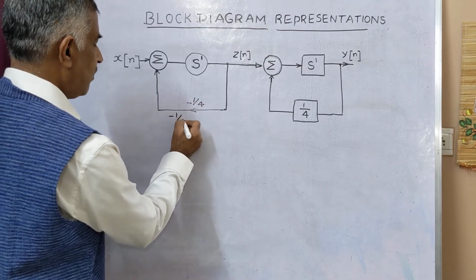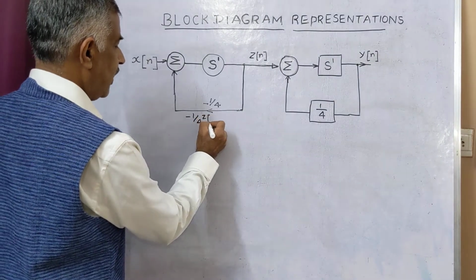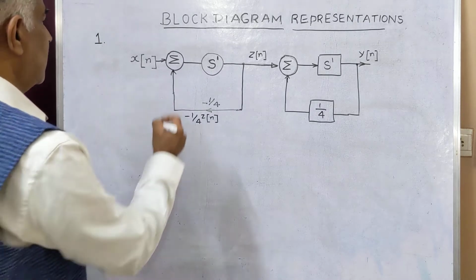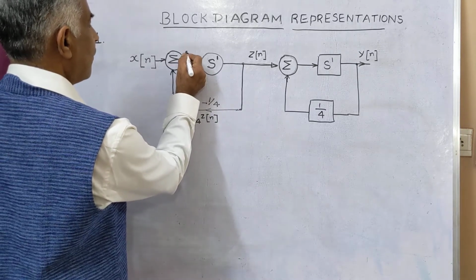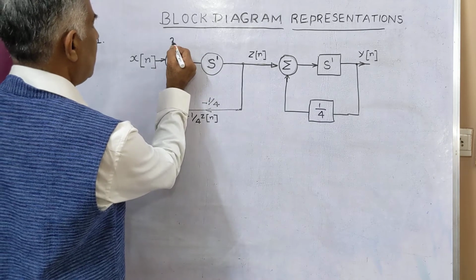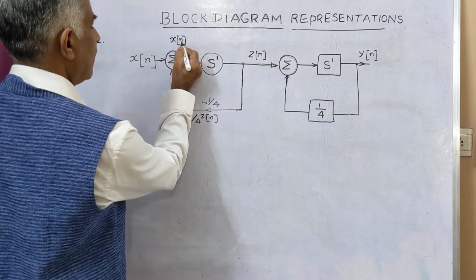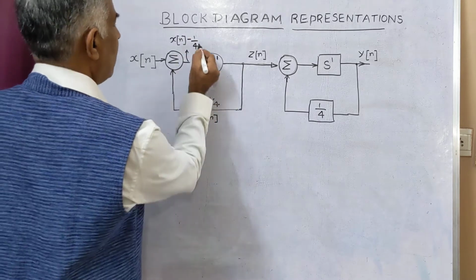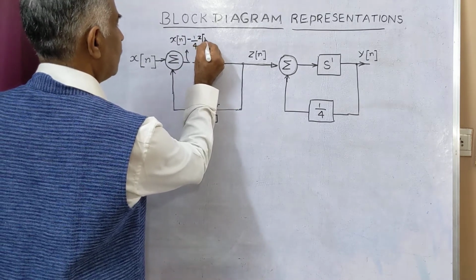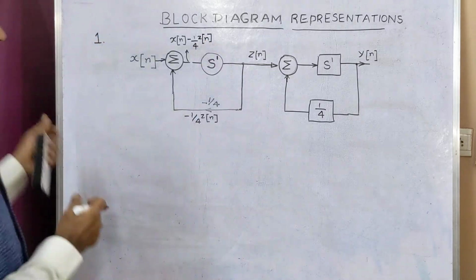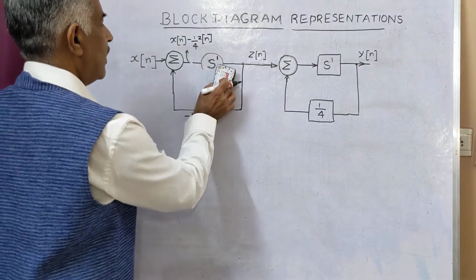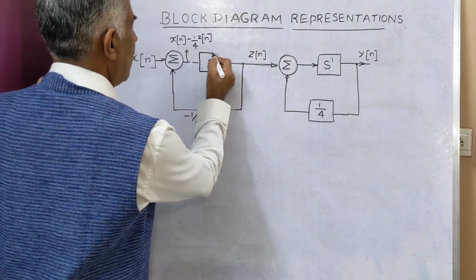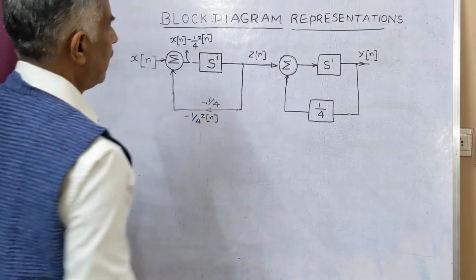That is minus 1 by 4 z of n, and the signal here is the summation of these two, that is x of n minus 1 by 4 z of n. Next this is a shift block of 1 unit.